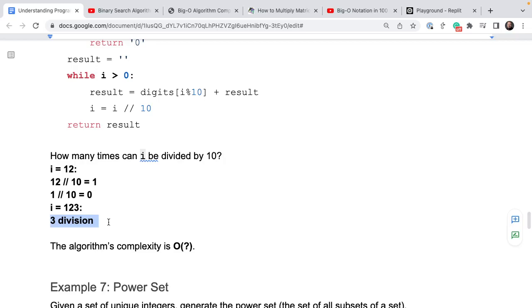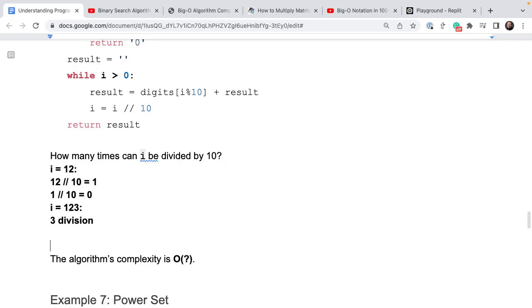So what is the time complexity here? You increase by an order of magnitude, but it's not linear. It would be linear if you went from 12 to 123. What was the increase between 12 and 123?